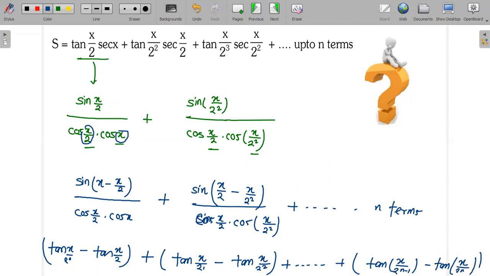Now consecutive terms will get cancelled out, and eventually we are left with only the first term of the first expression and the last term of the last expression. I'm sure you understand the meaning of this splitting of the product of terms. That will lead you to your destination.